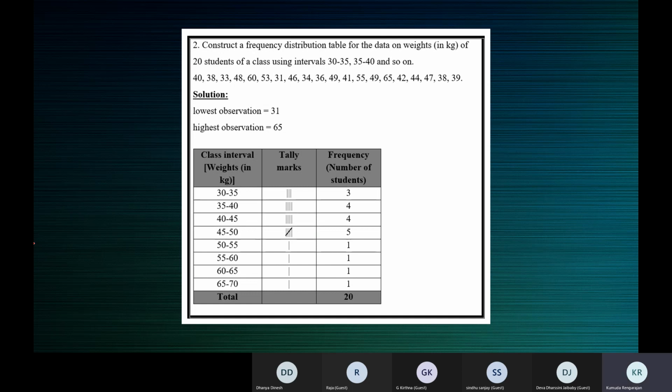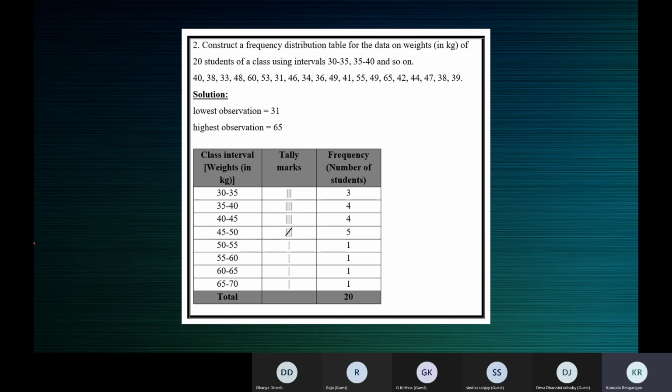Supposing you start with 0 to 5, there is no value in that class interval. 5 to 10, 10 to 15, 15 to 20, there's nothing in these class intervals. So even if you write them, the frequency will be 0.